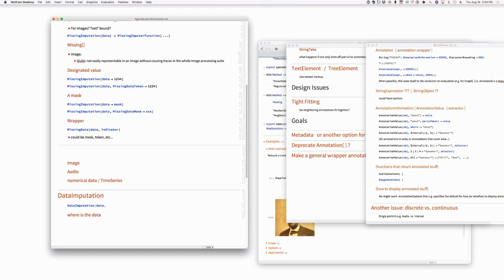Is the data to be imputed? It's almost like an interpolation function where you're given some data and then you're told, go figure out what you're going to return from this: new data that's had those pieces added in, or replaced, basically.